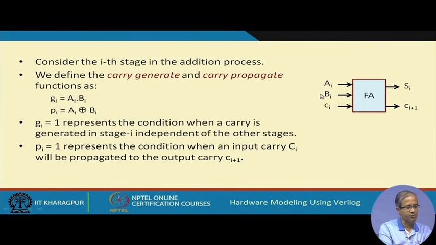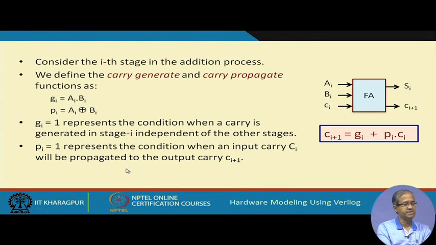Suppose it is 0 and 1, then if there is a carry coming in, 0, 1, 1, that will generate a carry, the carry will be propagating. So, this is the condition for carry propagation, exactly one of a i and b i should be 1. So, this carry propagation is defined by the exclusive OR function. This is generate and propagate. So, g i and p i you can implement by an AND gate and an XOR gate, right.